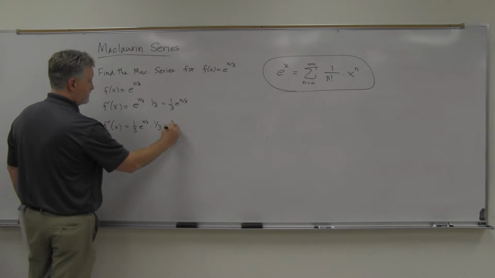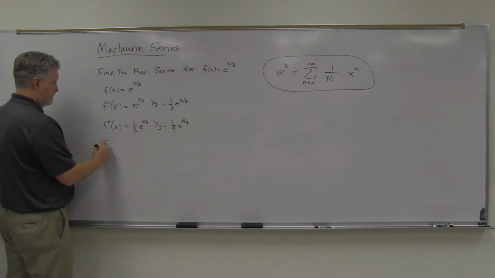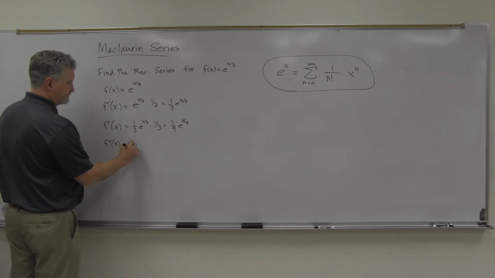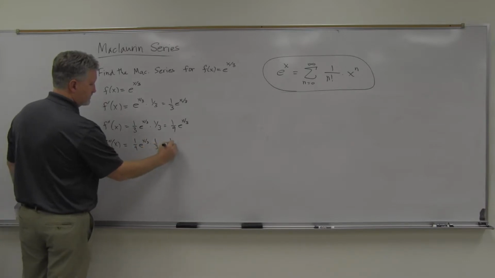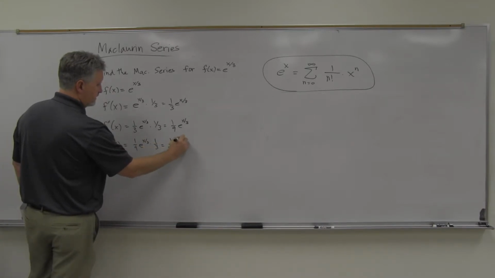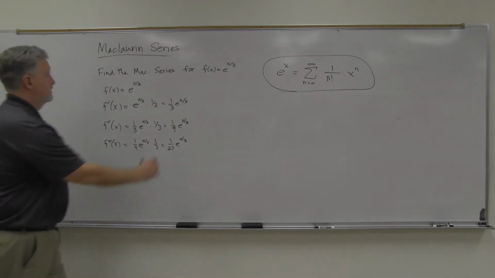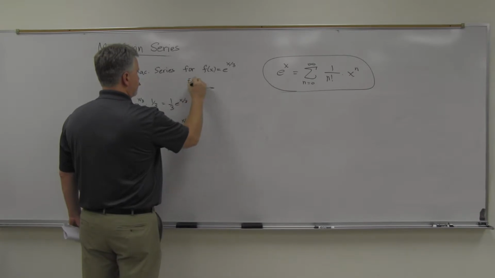So it'll be 1/9 e to the x over 3, 1/3 times 1/3. Third derivative would be 1/9 e to the x over 3 times another third, so that's 1/27. I may need to do a couple more, but I think we've seen this before.